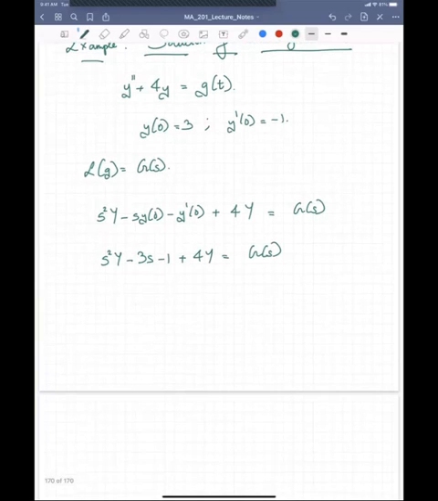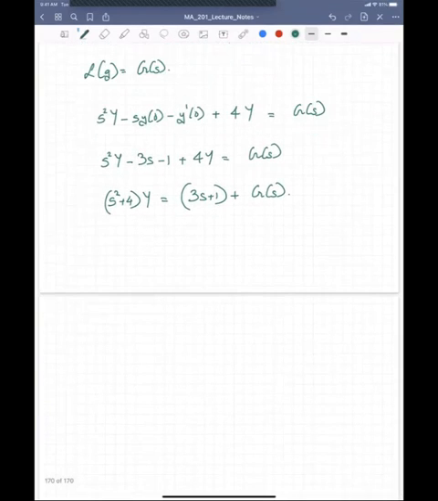And then you write this as s squared plus 4 times capital Y equals 3s minus 1 plus G of s. Then you're done. This is your subsidiary equation. So the Laplace transform of the function that you're looking for is (3s plus 1) over s squared plus 4, plus G of s over s squared plus 4. Up till now, I've not done anything new. This is all something that you have already done.